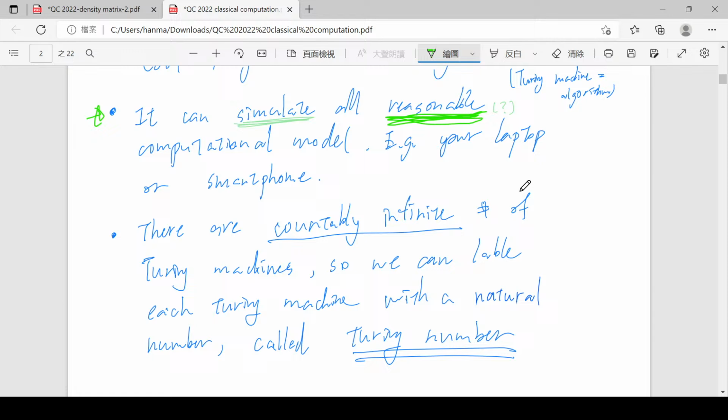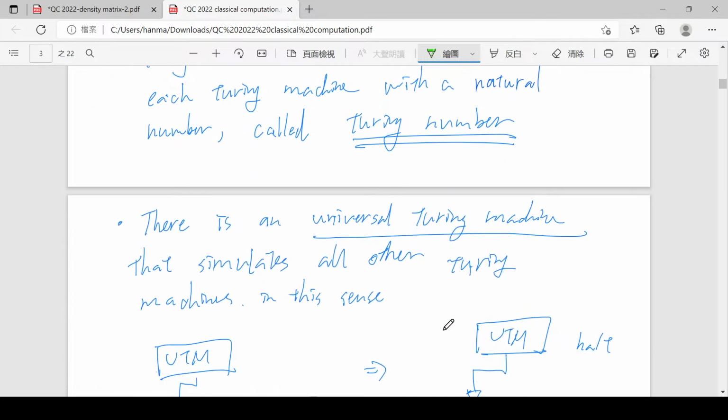So there are countably infinite number of them. So we can label them with a natural number, and that number is called the Turing number.